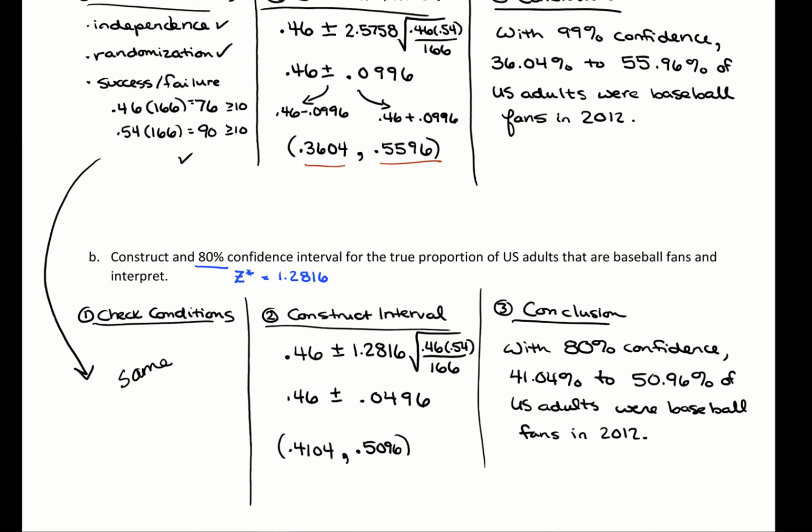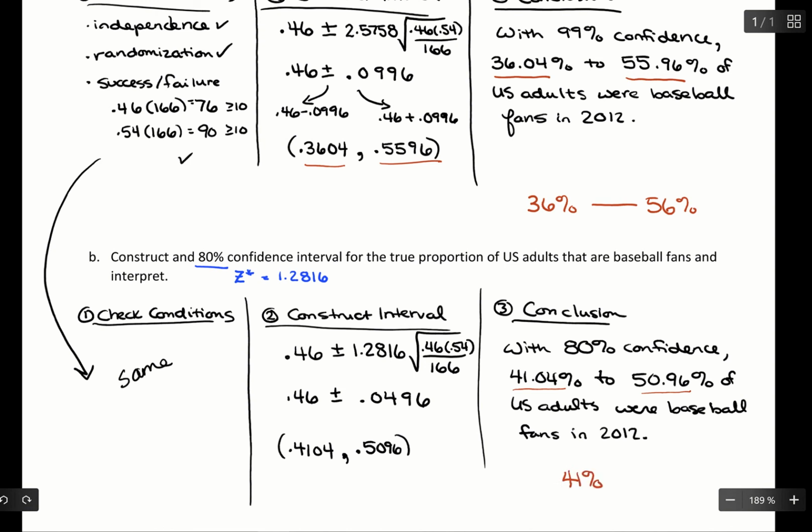In the first one, we were going from about 36% up to about 56%. So let's even write that down. About 36% all the way up to about 56%. And in the second one, 41.04% to 50.96%. So we're at 41% to 51%.